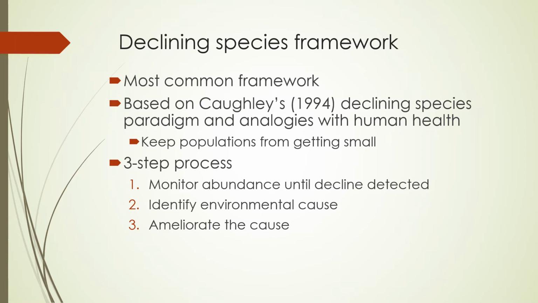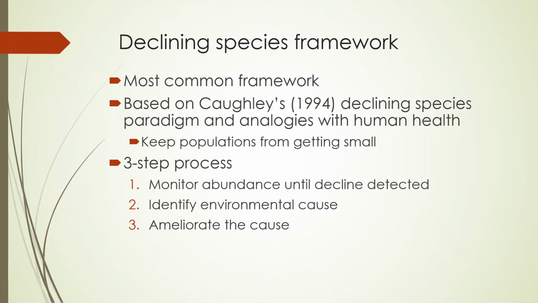And probably one of the best examples of this are raptors and DDT here in the United States. So back in the 50s and 60s, there really wasn't any well-developed monitoring program in place, but there was enough people that were interested in peregrine falcons and bald eagles and ospreys that they kept track of the number of nesting pairs along the rivers in their region and so on.